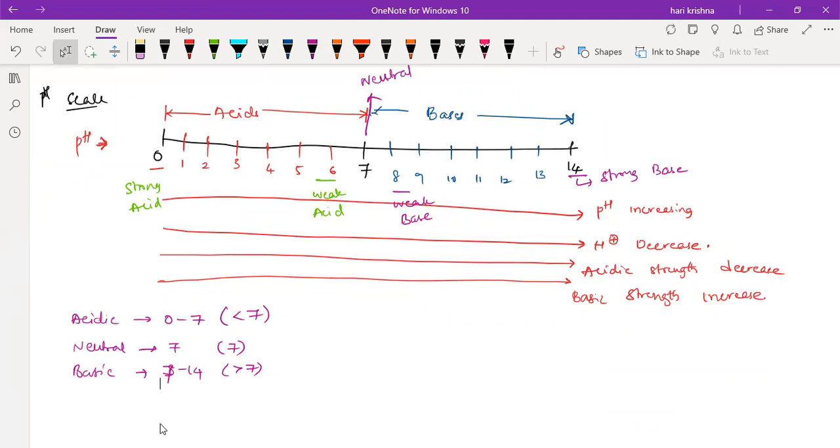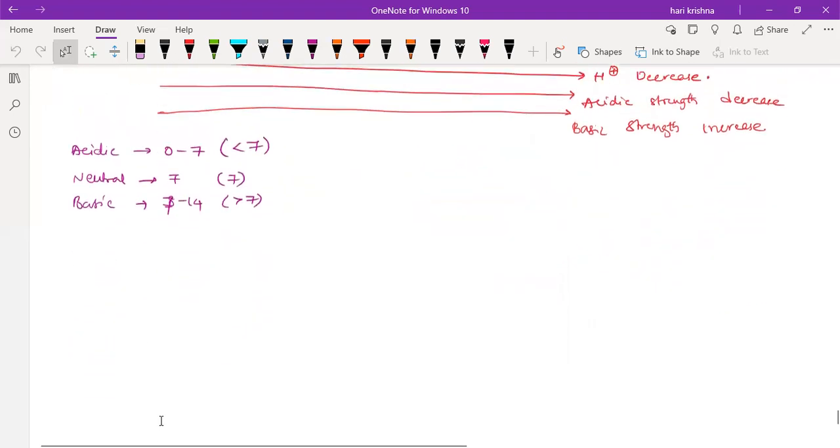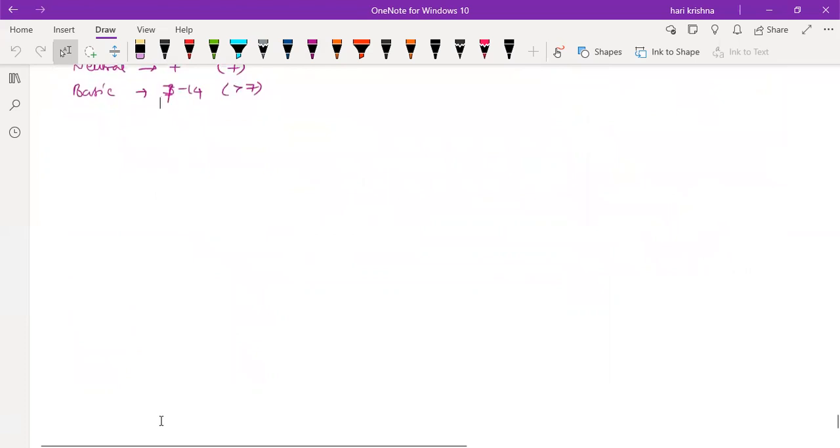Fine. If anybody still has any doubts, you can ask me, I'll explain. Or else we'll go to the new topic, that is universal indicators.